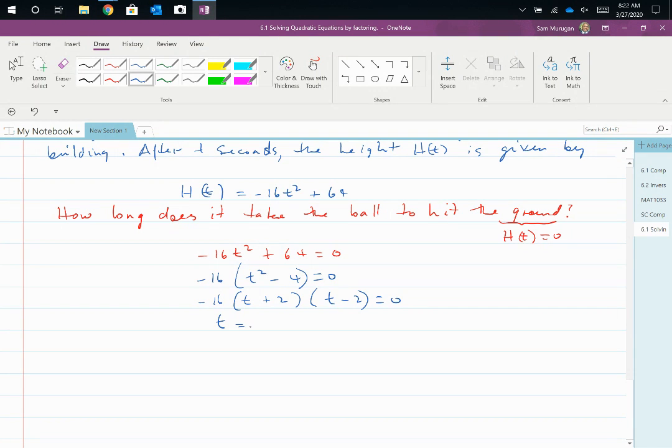So t is equal to positive 2 and t is equal to negative 2. But remember that your time cannot be a negative number. We're talking about seconds, and you can only go forward in time. So the ball will hit the ground after 2 seconds.